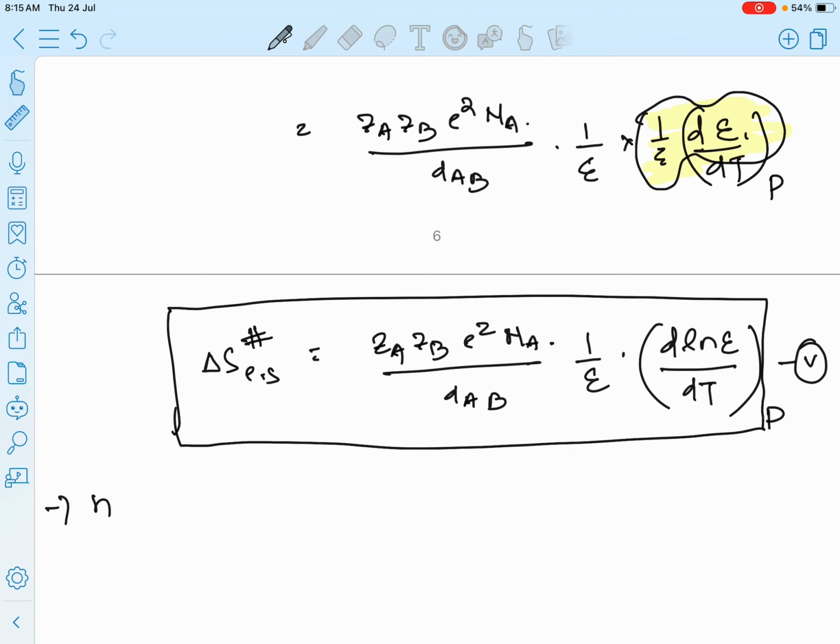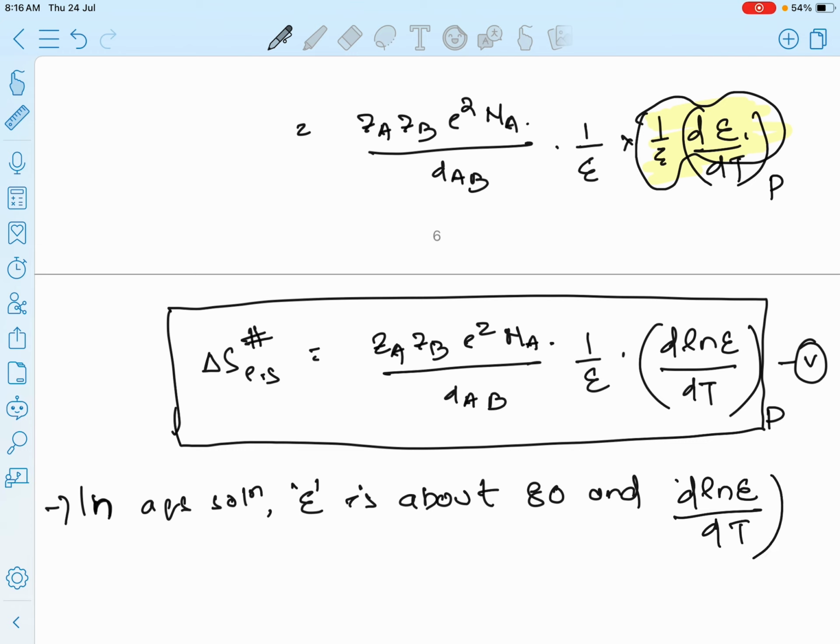So in aqueous solution, epsilon is about 80, and the term d ln epsilon by dT, that means the change in logarithm of dielectric constant with respect to temperature keeping pressure constant, remains constant.